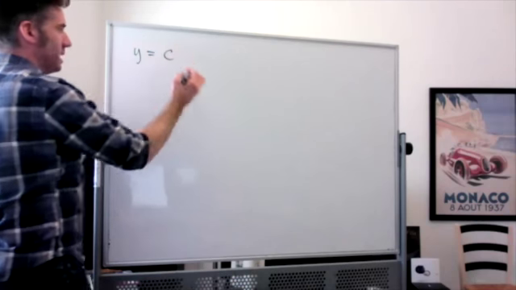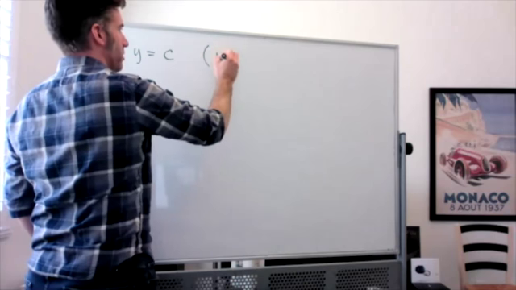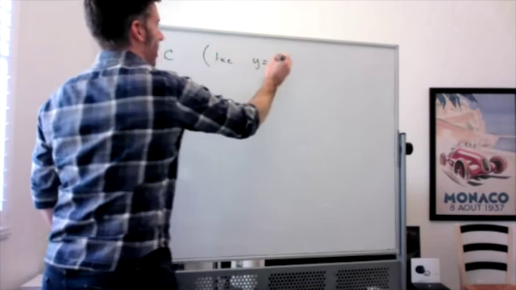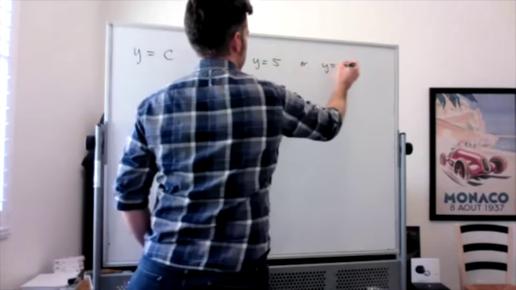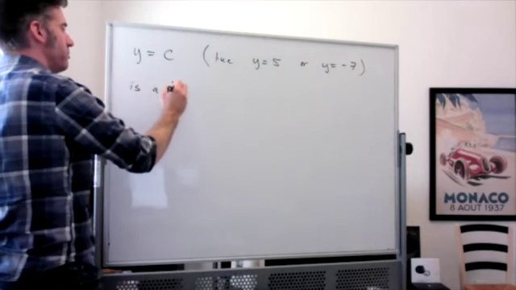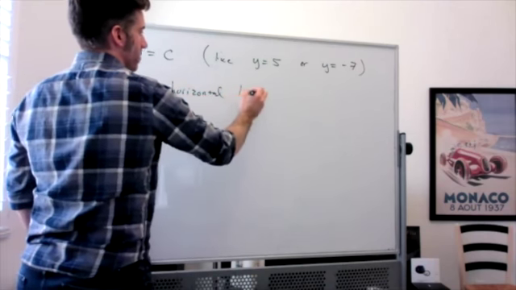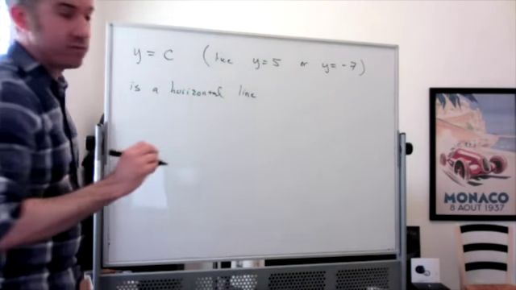So that's actually the very last thing I want to say about lines, which is that y equals c, where c is a constant, like y equals 5 or y equals negative 7, is a horizontal line and has slope 0.